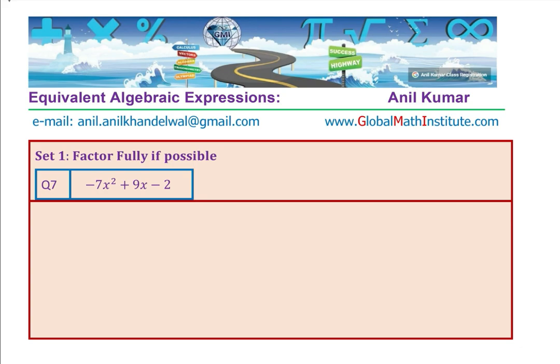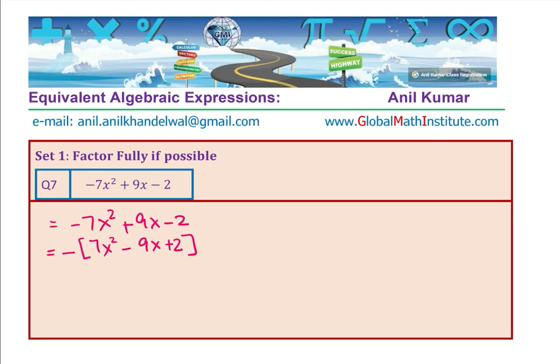Question 7, minus 7x squared plus 9x minus 2. So let's rewrite the question, which is minus 7x squared plus 9x minus 2. Now, whenever you find negative in the very first thing, I like you to factor this first, right? So we get here 7x squared minus 9x plus 2. All the signs will change, right?